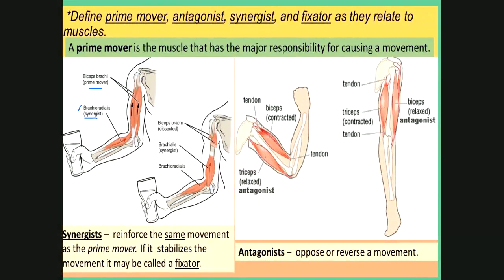So in order for this to occur effectively, we need an antagonist, and that would be called the triceps. So in order for elbow flexion to occur effectively, the triceps muscle has to relax, and that's considered the antagonist.